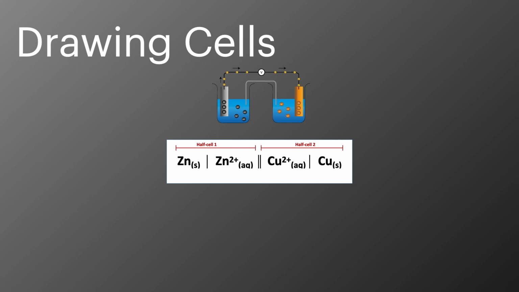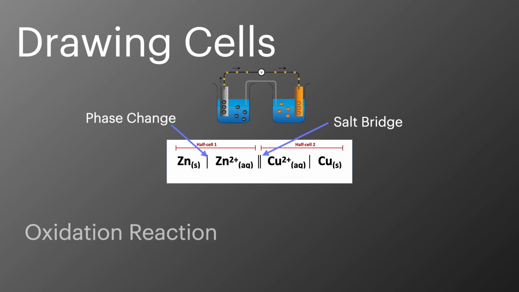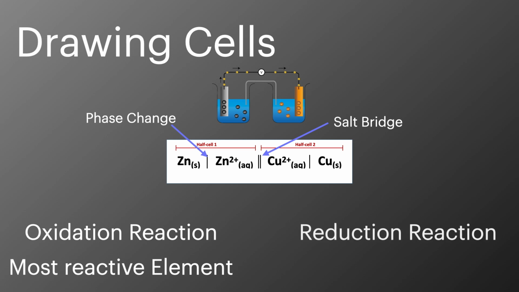We show the phase change, that's the change in state, with these solid single lines here. The double lines in the middle are our salt bridge, and that represents the split between the 2 half cells. Then we put them in order. We have the oxidation reaction on the left, which is the most reactive element, and we put the reduction reaction on the right, which is our least reactive element.